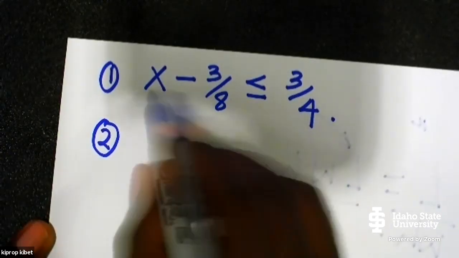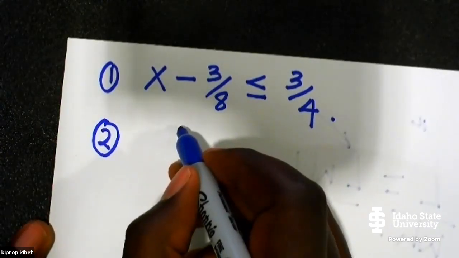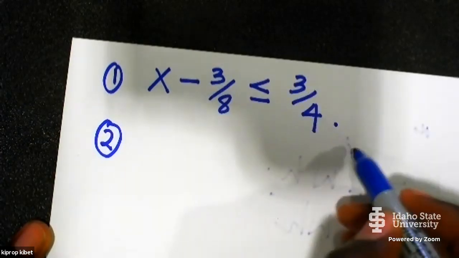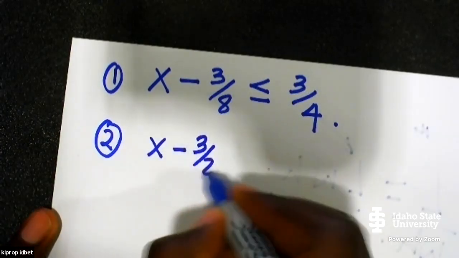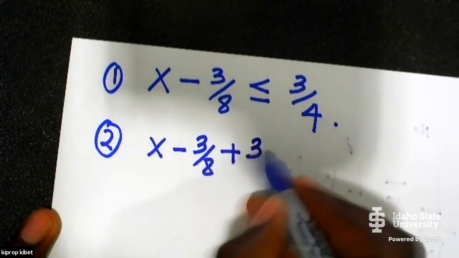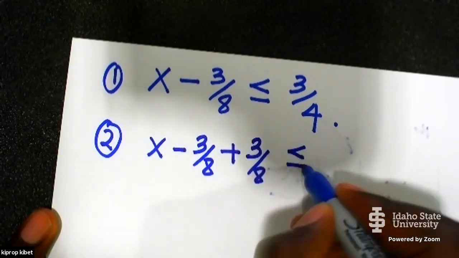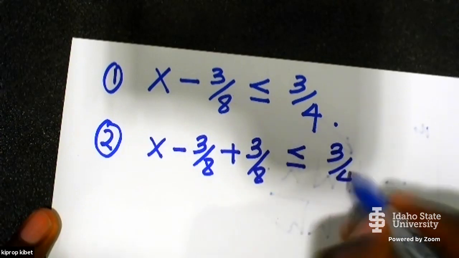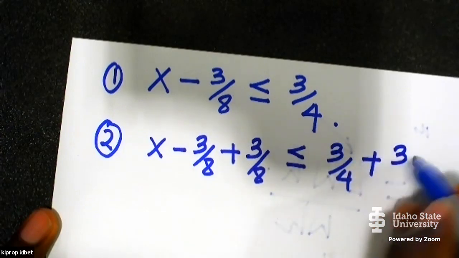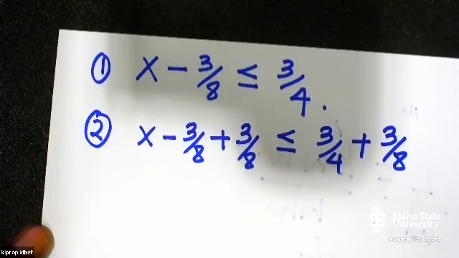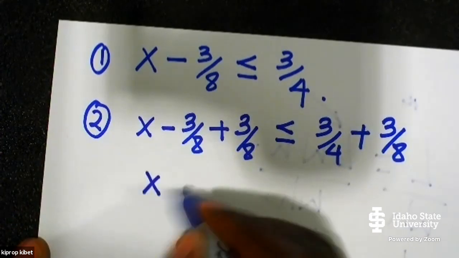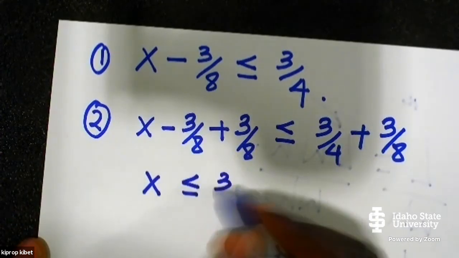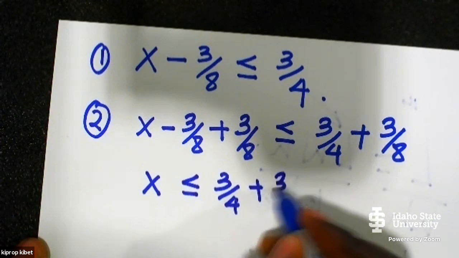Here, you make x the what? The subject. So you take the other values to the other side. So x minus 3/8, then plus what? 3/8, less or equal to 3/4 plus what? 3 over 8. So x is less or equal to 3 over 4 plus 3 all over 8.